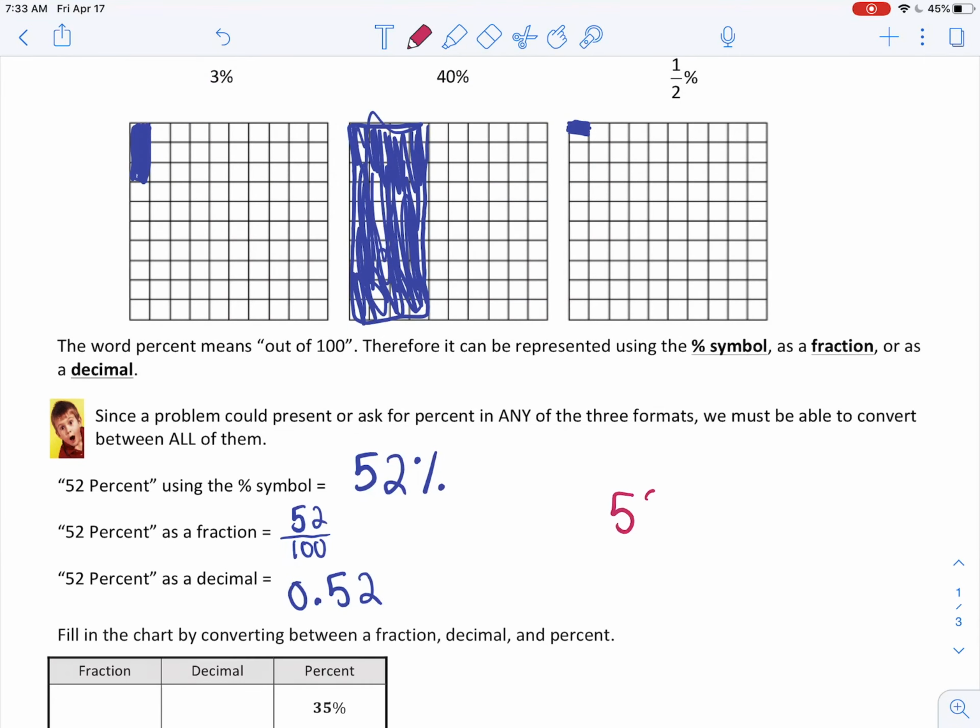So if you have 52% and you're trying to change that into a decimal, well, right now the decimal point is right here. If I want to change this 52 into a decimal, you're going to move this decimal 2 spots to the left. 1, 2. And it would become 0.52, which is what we got over here. So I don't care if you use your calculator or if you want to remember, just move the decimal 2 spots to the left.